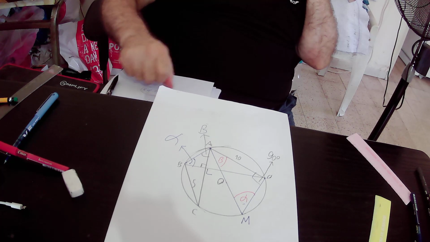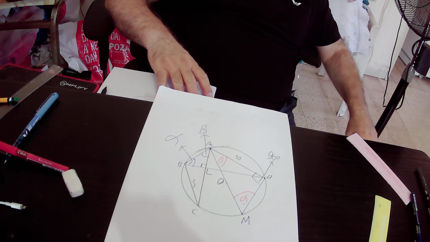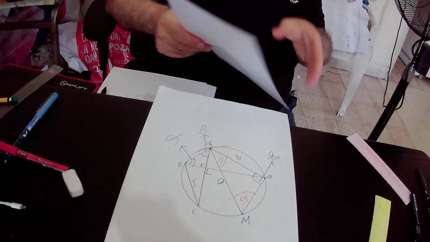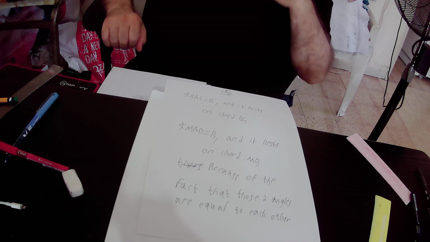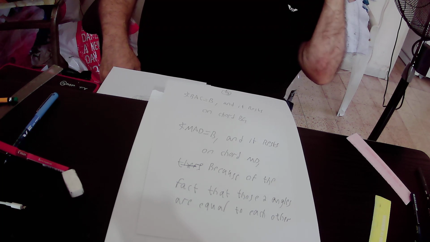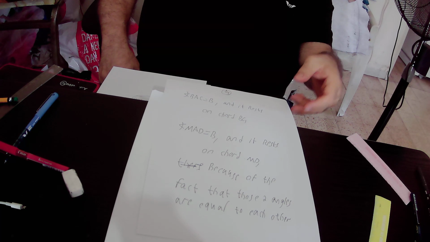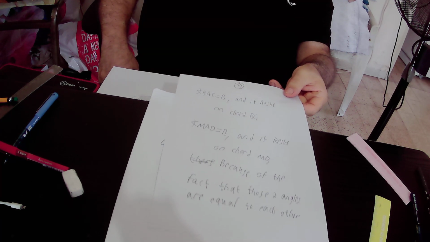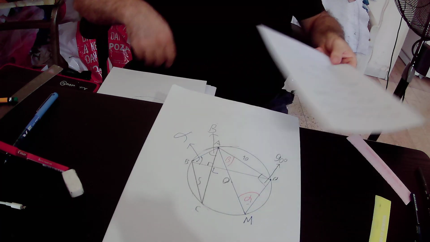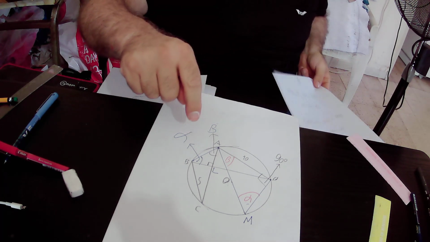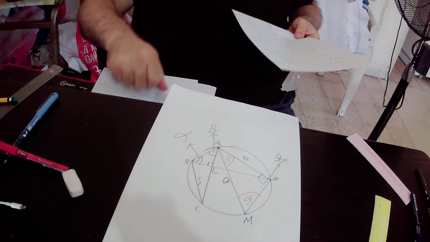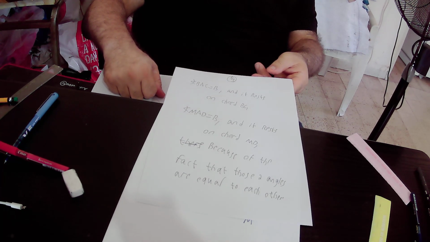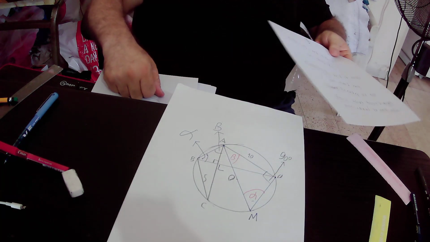Okay, so I'll read again the things that I wrote. Angle BAC equals beta, and it rests on chord BC.